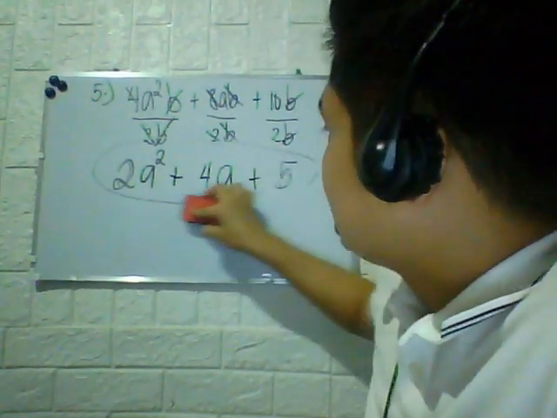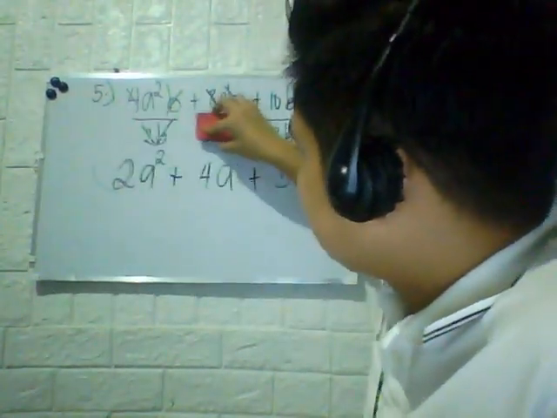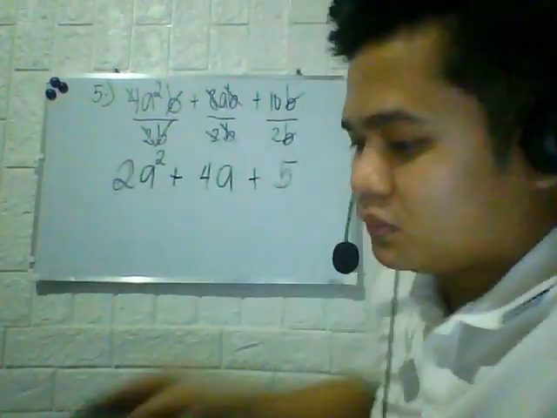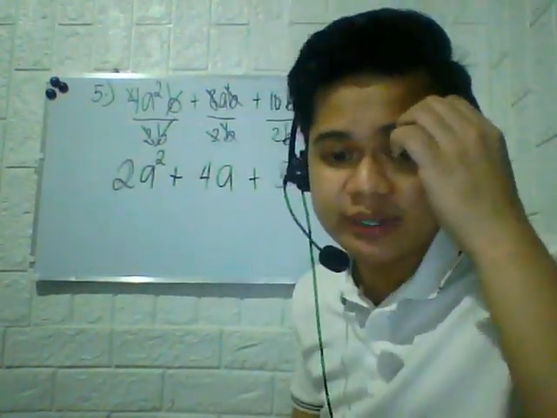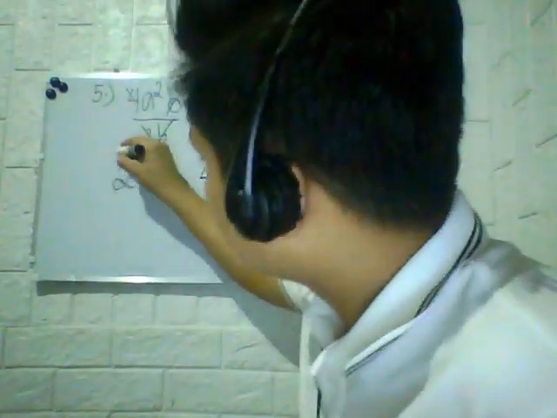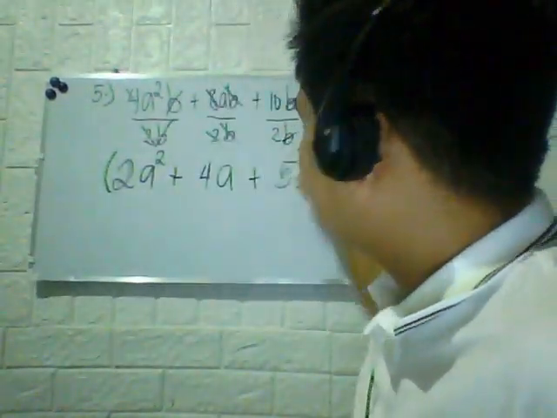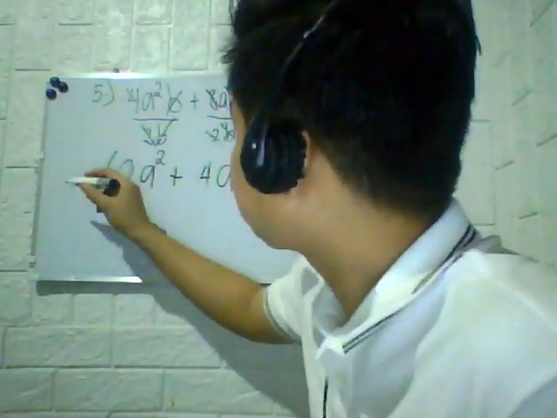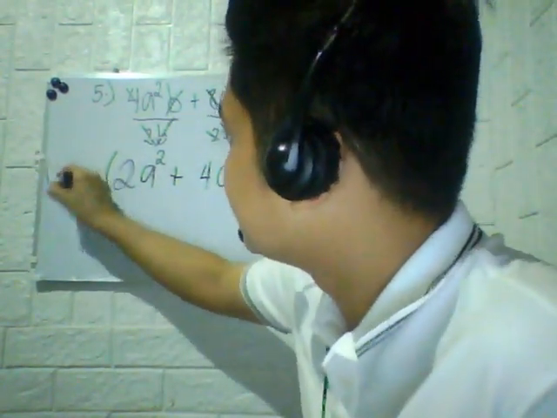Muntik natin makalimutan. This is just the result after dividing, no? Class? Our trinomial by our GCF. Because the final answer here should be a factor of 2 polynomials. Ilalagay lang natin dito yung ating GCF.